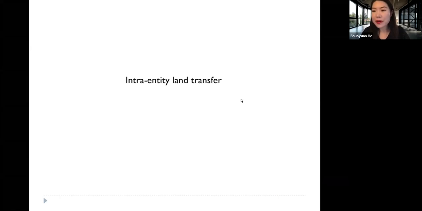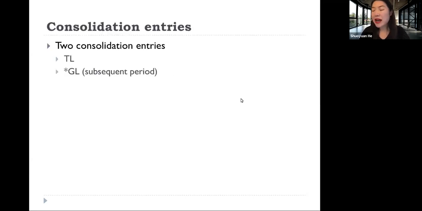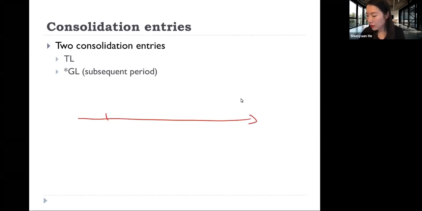If you still remember, for intra-entity inventory transfer, we have three consolidation entries: entry TL, entry G, and entry *G. For intra-entity land transfer, we have two consolidation entries, entry TL and entry *GL. So basically, we have the year of transfer, which is between the parent and subsidiary.